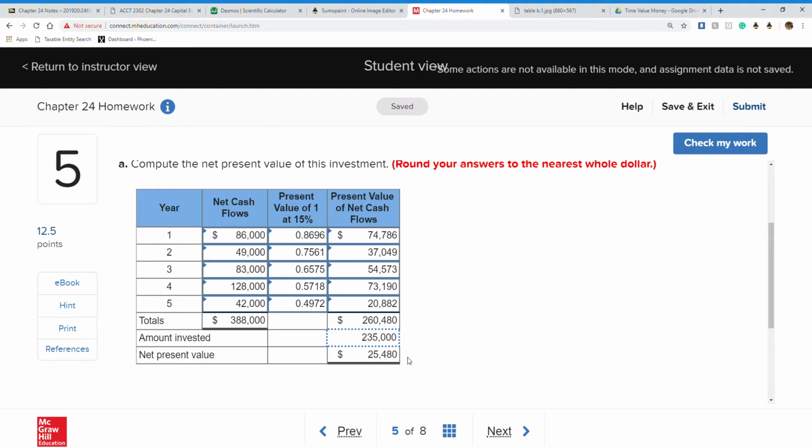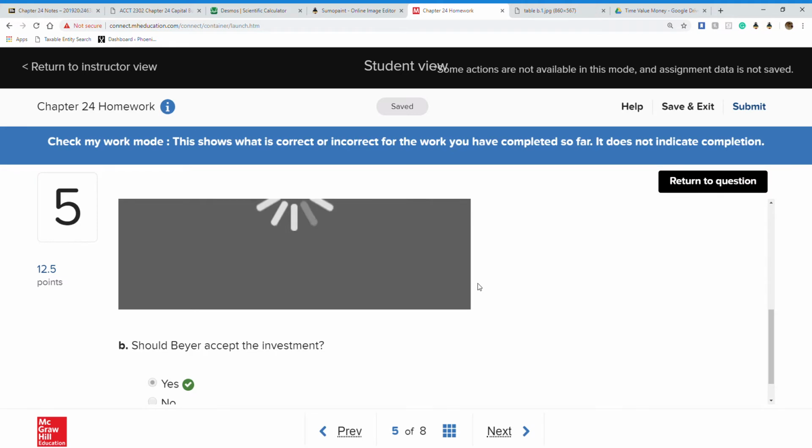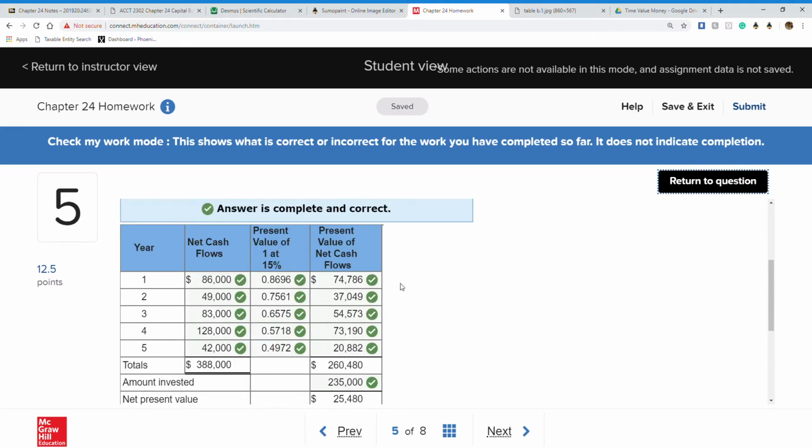Okay, so once we do that, it connects. So we're going to total out what our total present value of net cash flows is, and since we put the amount invested already, it already subtracted out. So it's got this last question: should we accept the investment? And we should. It's a positive number, and it's going to be good.